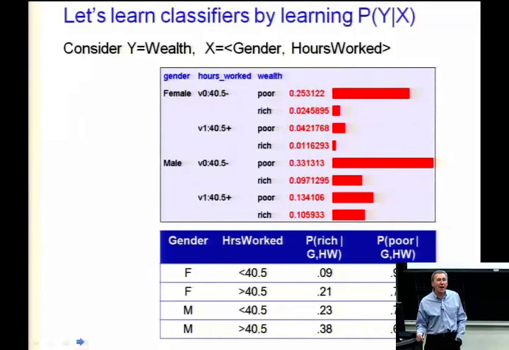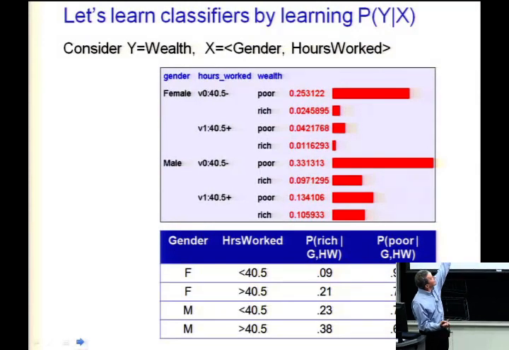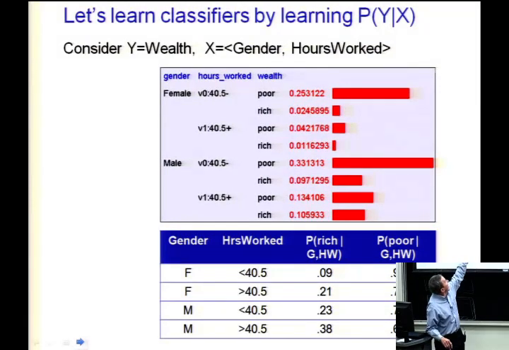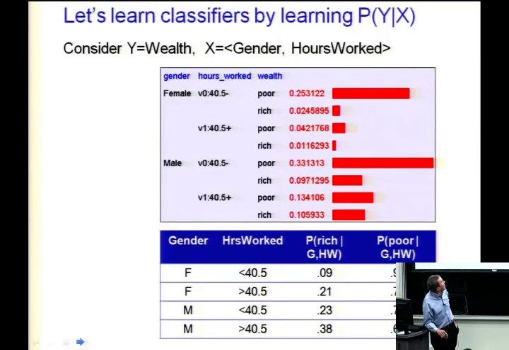Last time we talked about the idea of having a joint probability distribution over a collection of random variables. Recall we talked about the simple case up here on the top where we might, in this case, have 3 different variables: gender, hours worked, and wealth. These are 3 Boolean variables, the way we've set it up here.